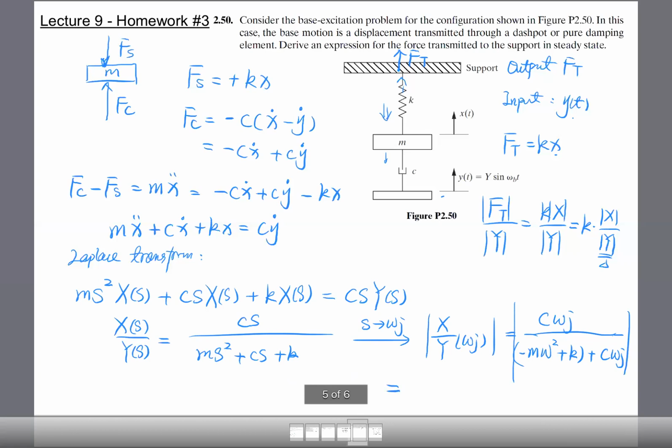The norm is just c omega over the square root of the square of the real part plus the square of the imaginary part. Okay, you remember this is your x over y. In order to get your Ft over y, you just multiply this by k. So you put a k on top.